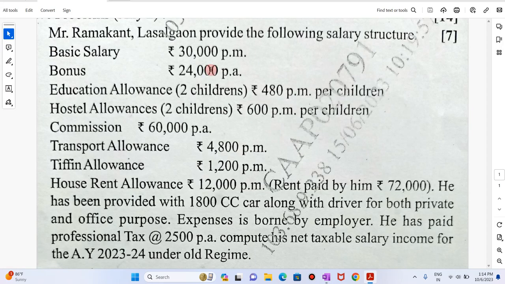After bonus, next is education allowance. Education allowance for two children, rupees 480 per month per child. Now only 100 rupees is exempted. So for one child 100 rupees, for two child 100 rupees.